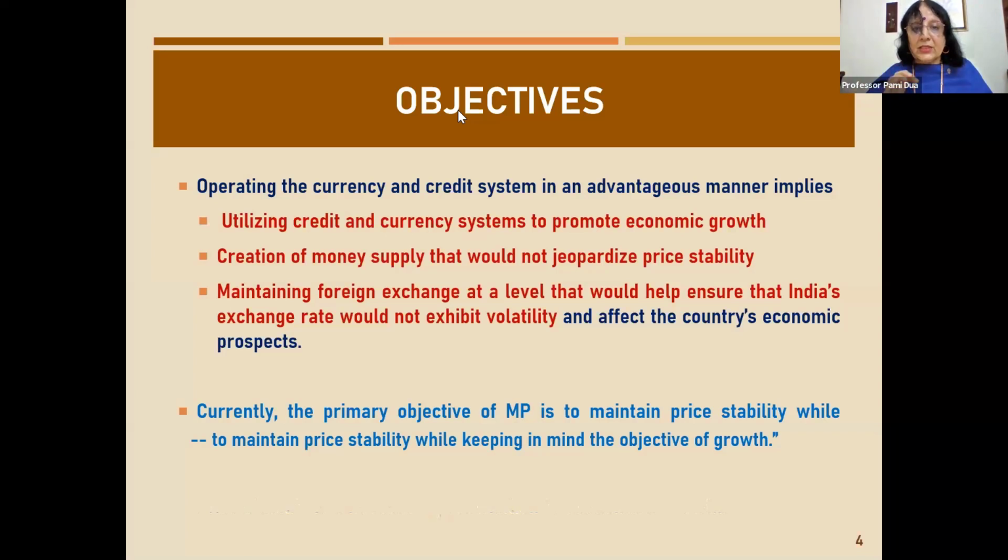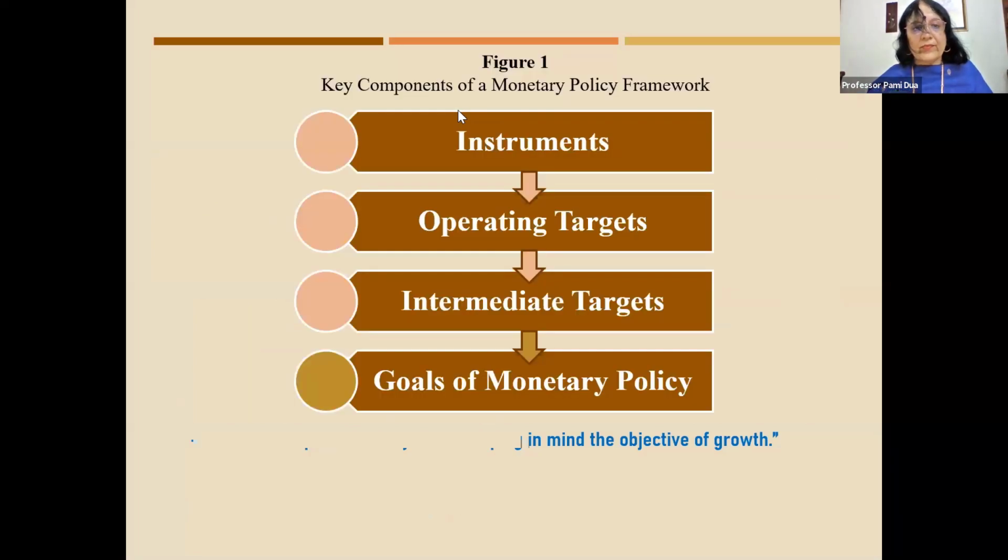In terms of exchange rate, we simply have to ensure that there is no excessive volatility. And then to repeat, the primary objective of monetary policy is to maintain price stability, keeping in mind the objective of growth. This is very important.